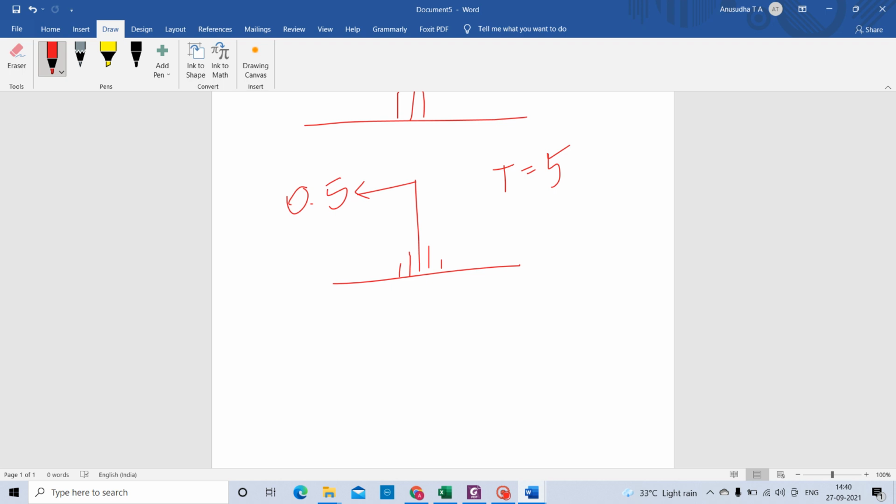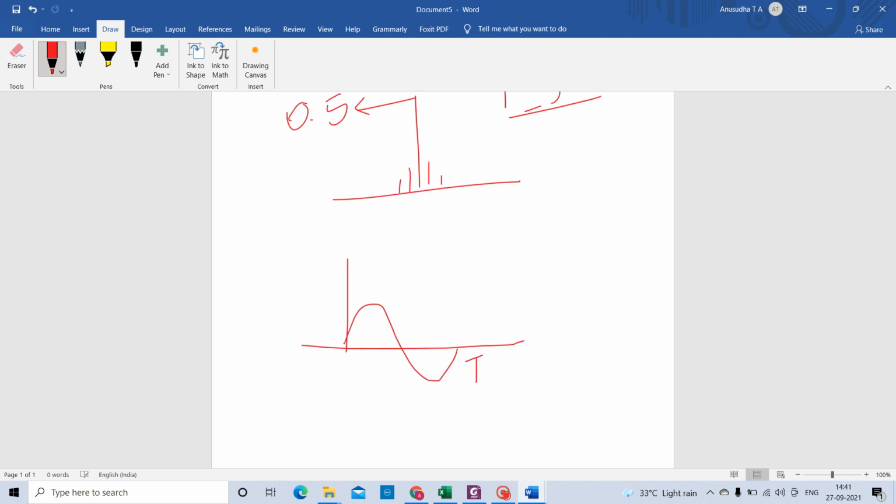Then there is the spacing between the components. Suppose I take one sinusoidal signal; this is one period, t. I am increasing the number of samples within the fundamental time period.